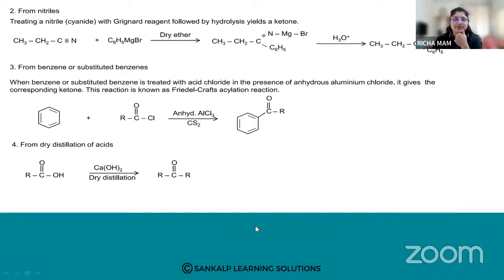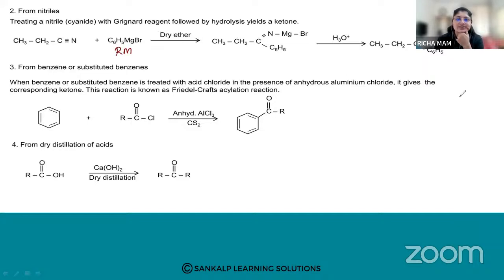Next we are going to start with nitriles. The second preparation of ketone is from nitriles. We react nitriles with Grignard reagent in the presence of dry ether.